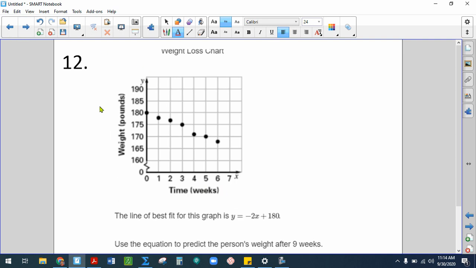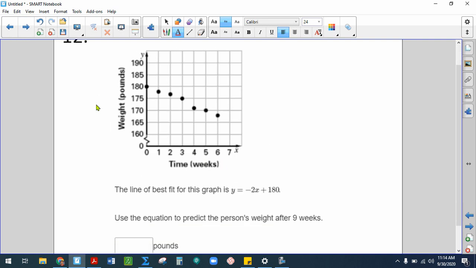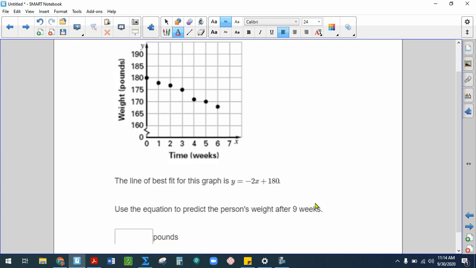And finally, number 12, with the weight loss chart, it says the line of best fit for this equation is y equals -2x plus 180. Use the equation to predict the person's weight after 9 weeks. So please notice that the graph doesn't go out to 9 weeks, right? It goes out to 7. So then this would be 8, and this would be 9.